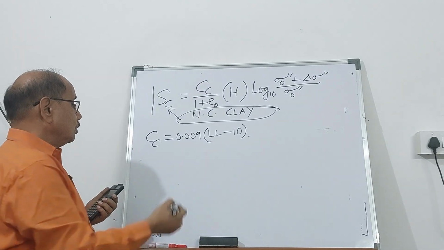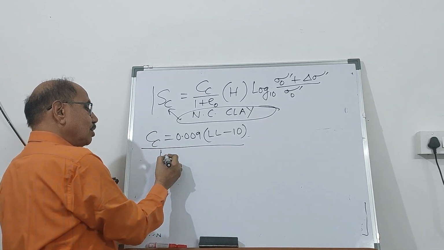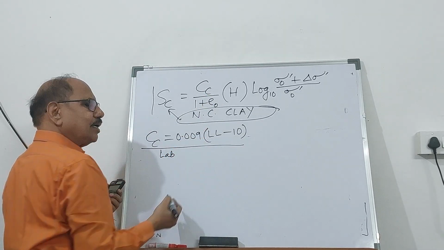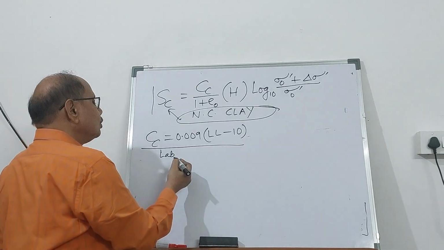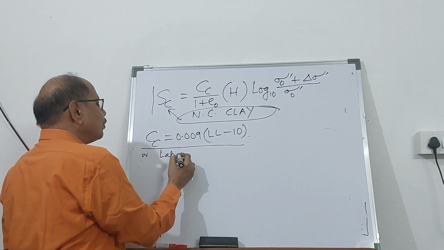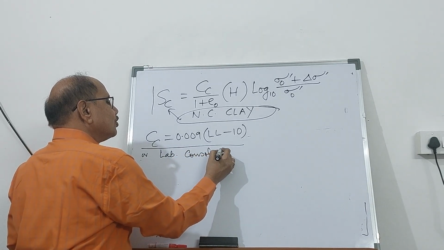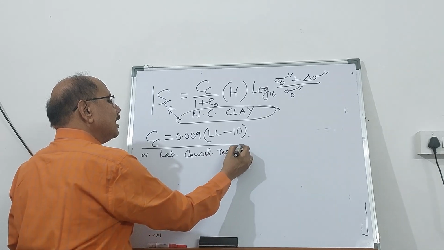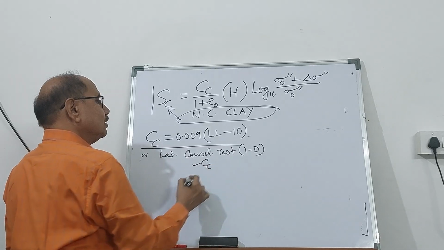So this is the empirical relationship. This also you can use, or there are many other empirical relationships that can be used, or from the laboratory consolidation test, 1D test, you can find out CC.